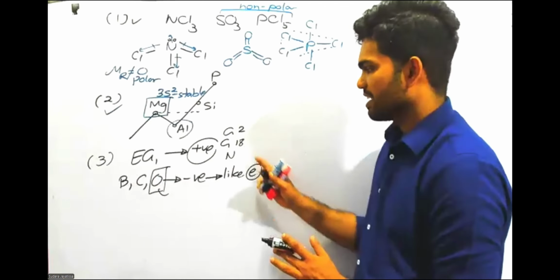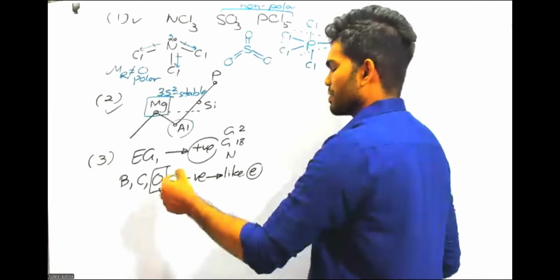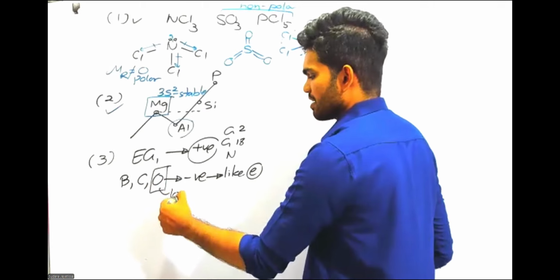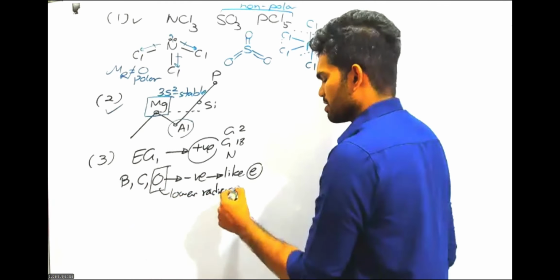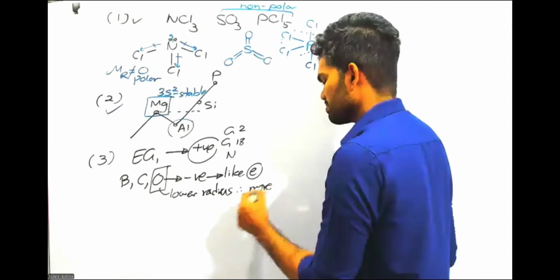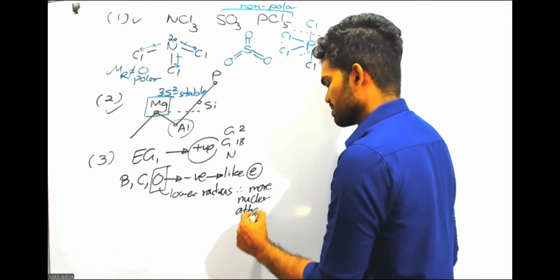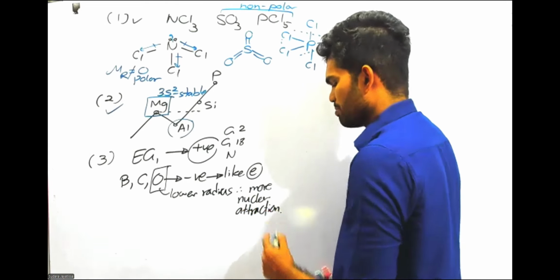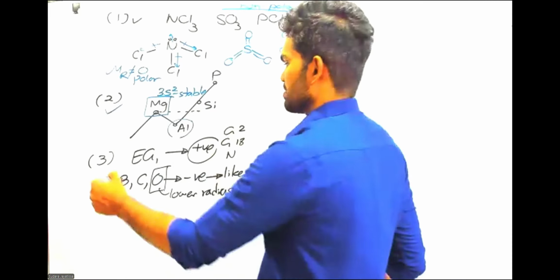There are electron configurations and everything affecting this, right? But when you compare these three, you can say oxygen has a lower radius, therefore more nuclear attraction. Understood?